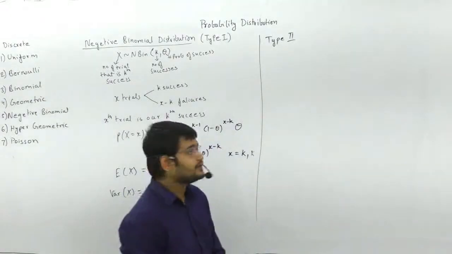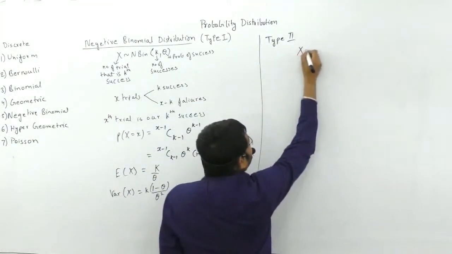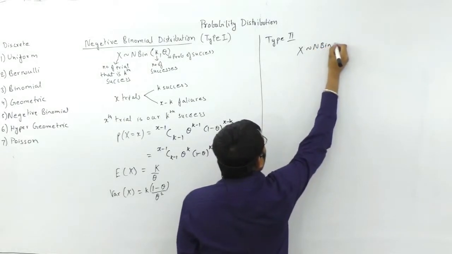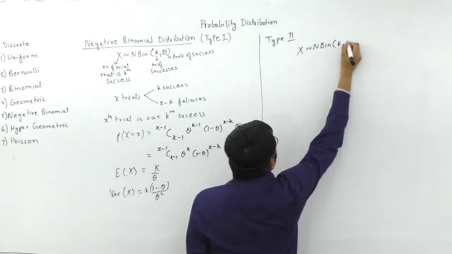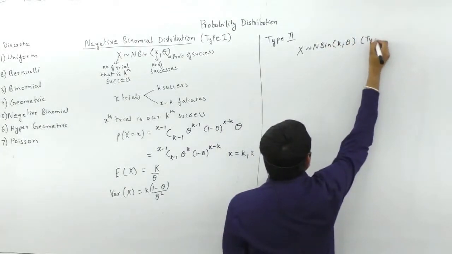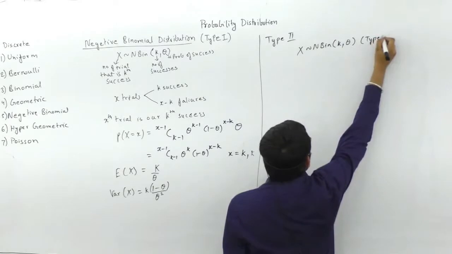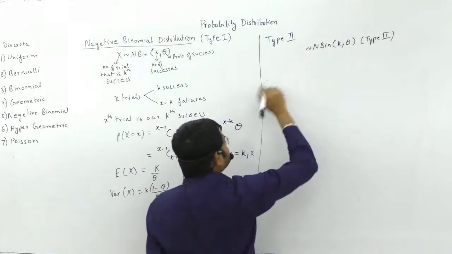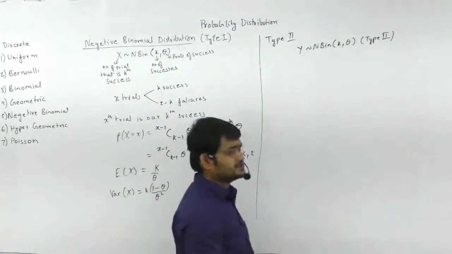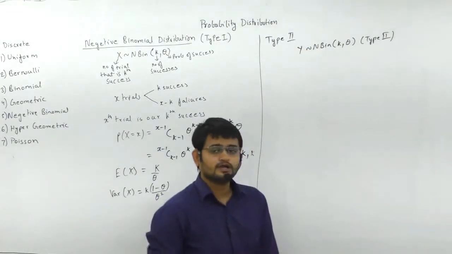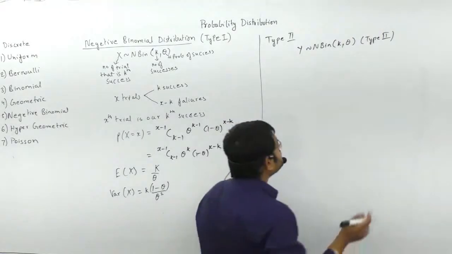So type 2 negative binomial, we write X follows negative binomial (k, theta), and for type 2, just write type 2 here. Just because we are going to use the relation between X and Y, we are going to write this as another variable Y. Y follows negative binomial (k, theta) of type 2.